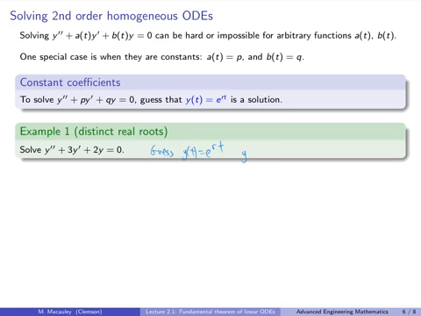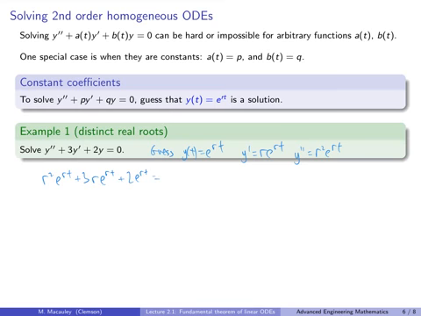In this case, y prime equals r e to the rt, and y double prime equals r squared e to the rt. So we plug this back in, and we get r squared e to the rt plus 3r e to the rt plus 2 e to the rt equals 0.